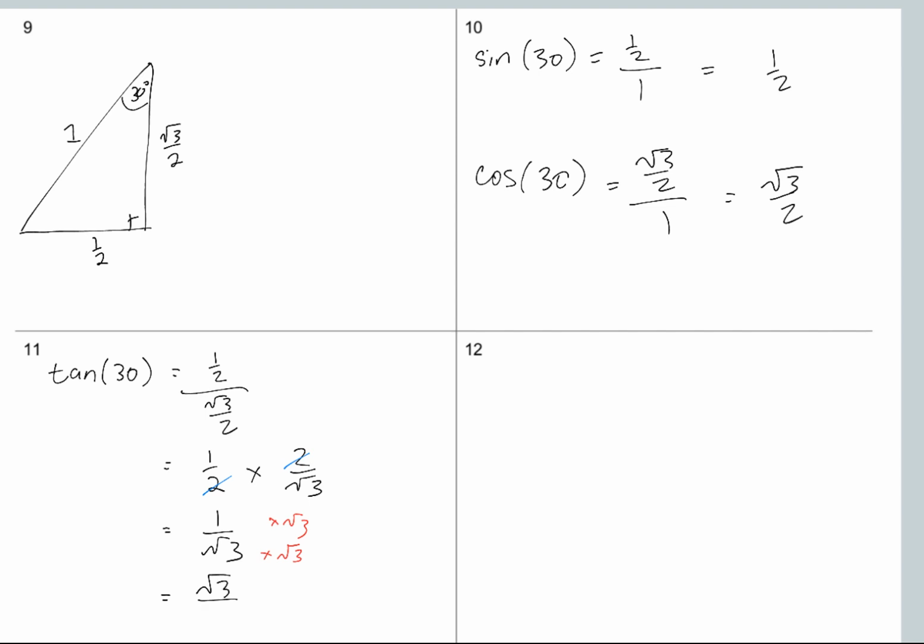Root 3 over 2. Cos is adjacent over hypotenuse. What's adjacent? Root 3 on 2. What's the hypotenuse? So that's tan then, is it? Yes, that will be tan. Have a look on the board. I did the right thing wrong. Excellent calculations, poor spelling, because you spelled cos exactly wrong by 3 letters. It's all on the board now if you want to look. So tan 30. Good place.